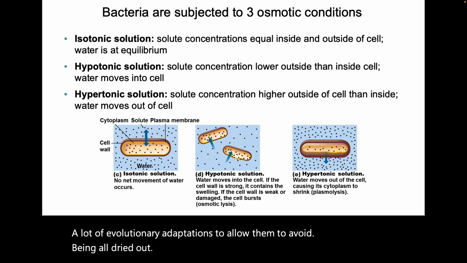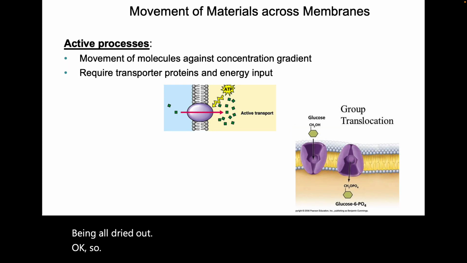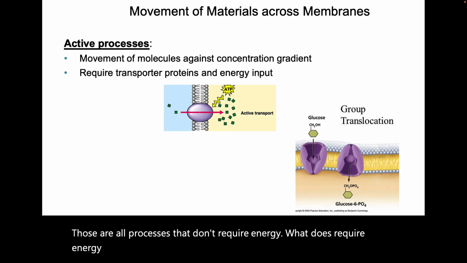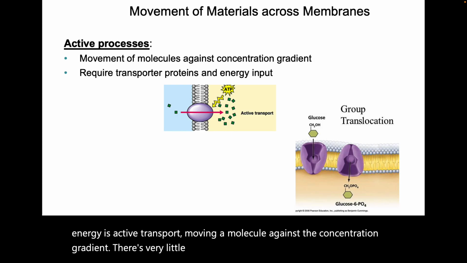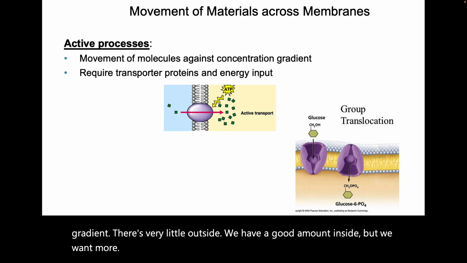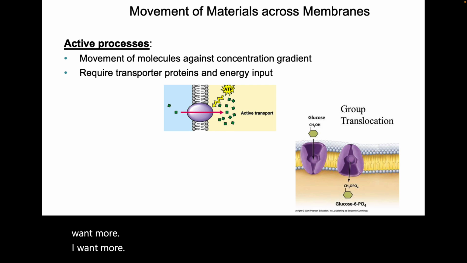Okay, so those are all processes that don't require energy. What does require energy is active transport, moving a molecule against the concentration gradient. There's very little outside, we have a good amount inside, but we want more. That requires the expenditure of energy.